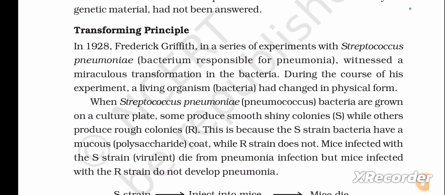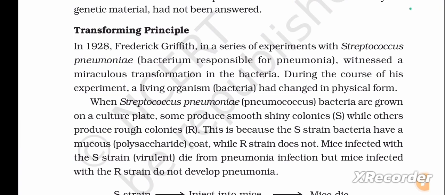During the course of his experiment, a living organism, that is bacteria, had changed in physical form. When Streptococcus pneumoniae, that is pneumococcus bacteria, are grown on a culture plate, some produce smooth shiny colonies while others produce rough colonies.